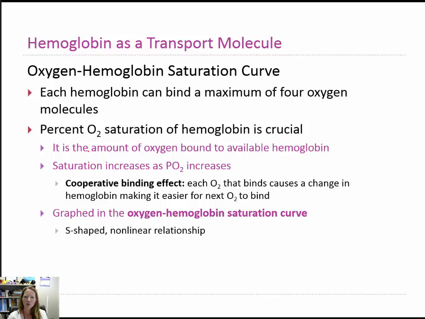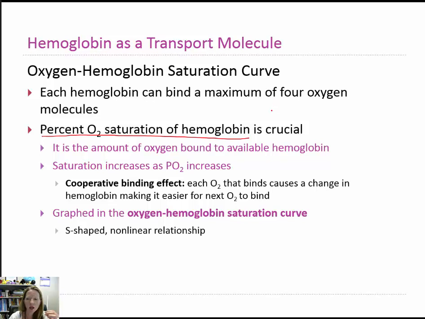So this percent oxygen saturation of hemoglobin is basically telling us the amount of oxygen that's bound to the available hemoglobin. So this is what I mean. If oxygen is bound to 1/4 of the available iron binding sites, that means it is 25% saturated.